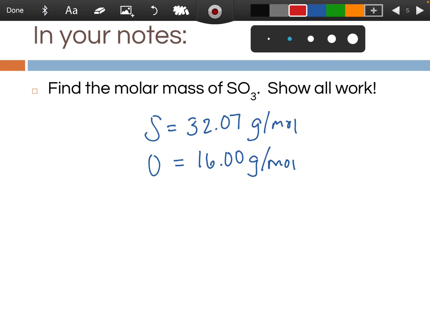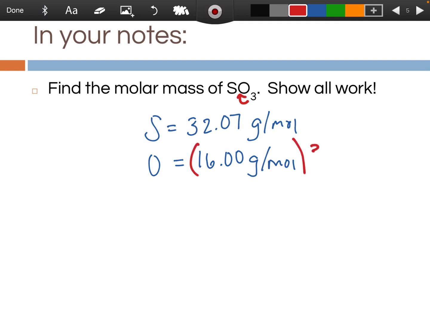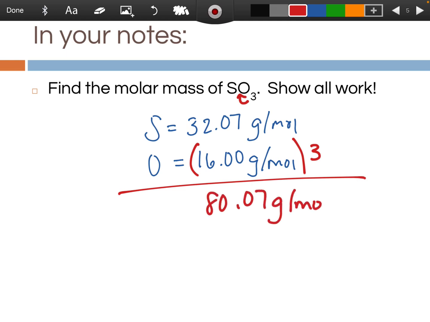If you look at the formula, we have 3 oxygen atoms, so we have to take this value times 3. In your calculator, 32.07 plus 16 times 3 would give you a molar mass of 80.07 grams per mole. So 1 mole of SO3 would have a mass of 80.07 grams.